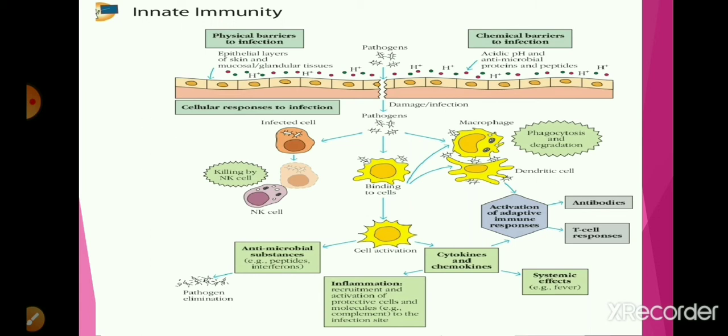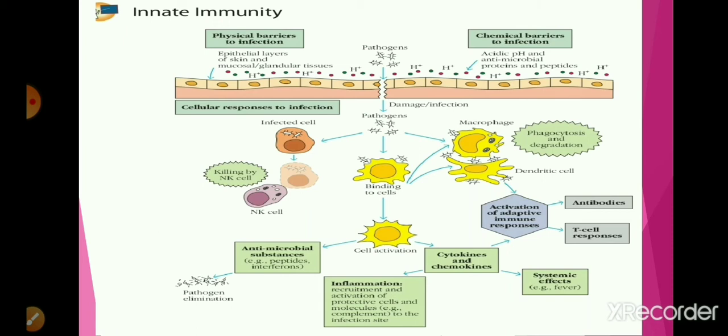These are the cells, that is phagocytes and natural killer cells. These cells identify the receptors on the pathogen and try to eliminate them from the body.